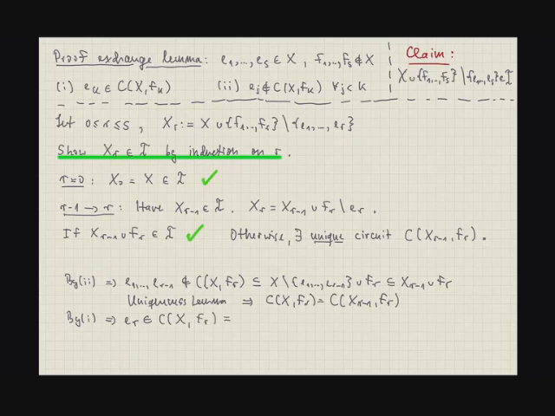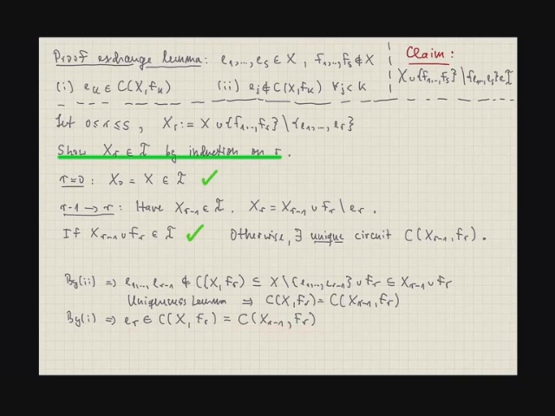And as we just said, this is the same as the circuit x_{r-1} adding element f_r. And now remember what the definition of a circuit is. I have an element e_r, which is in this circuit here. A circuit is an inclusion minimal dependent set. So I have an element from that inclusion minimal dependent set here.